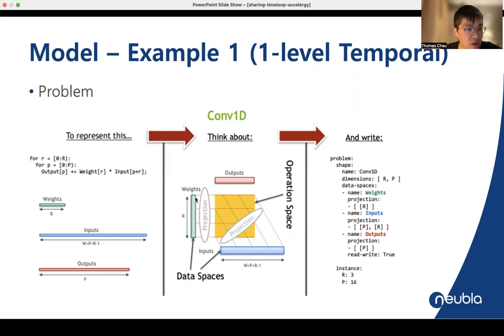Weight is projected to the R dimension, output is projected to the P dimension, and input is projected to a linear combination of R and P. So the problem just mentioned is represented by a YAML file.